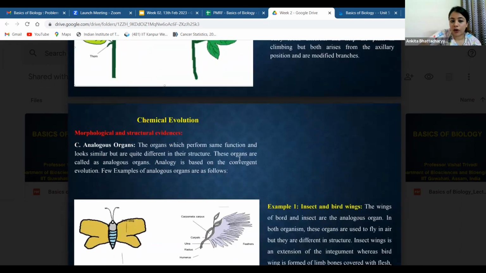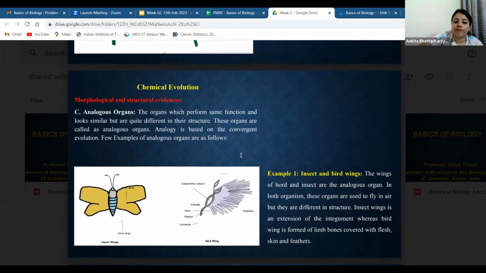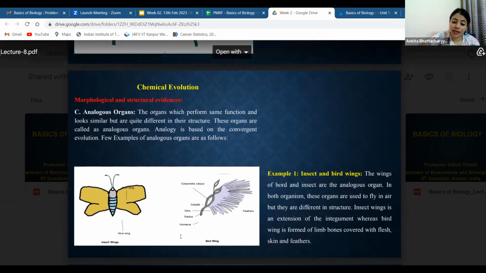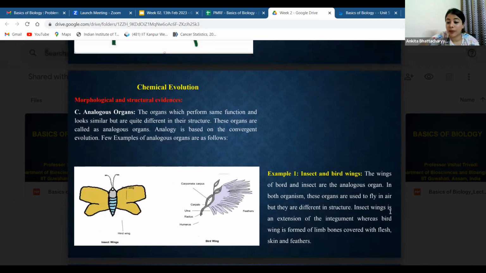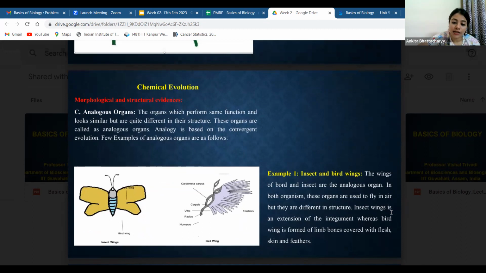The second class of evidences under morphological evidences was analogous organs. They have the same function, they look similar, but their origins are quite different. So we had the example of insect wings and bird wings, where insect wings were integument extensions, which is also a question we have addressed.